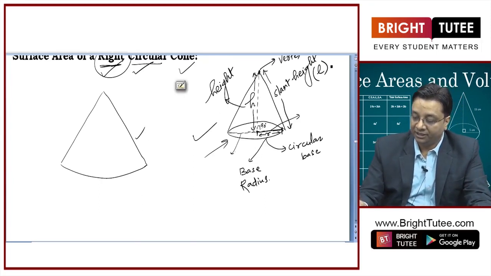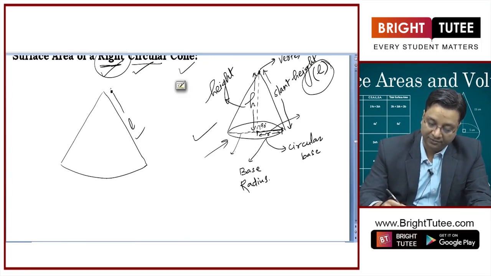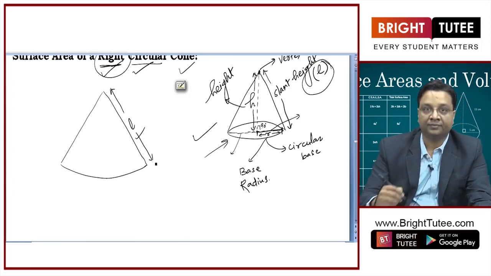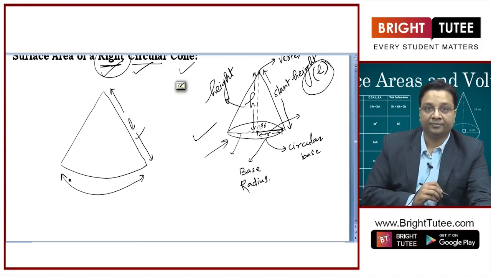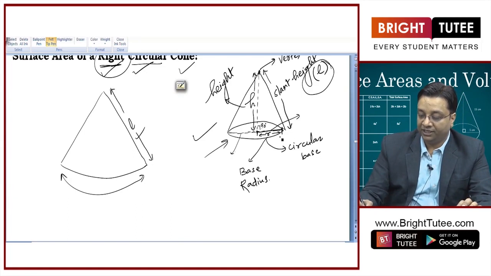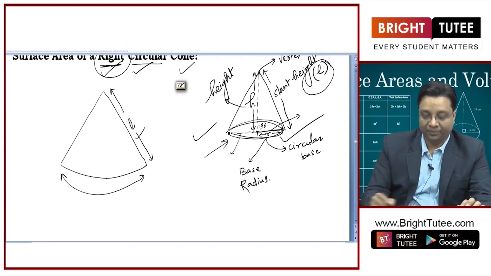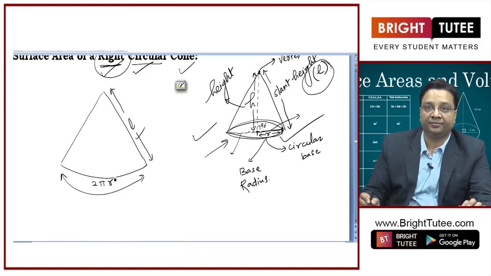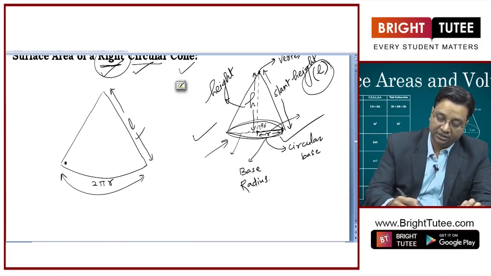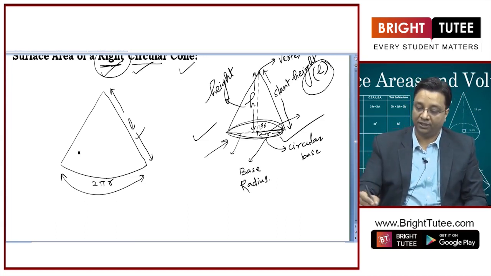It will just be the slant height, L. And what will be the length of this arc here? When you open this figure up, the base circle will open up and this arc will be 2 pi r in length. So, this sector is part of a bigger circle.